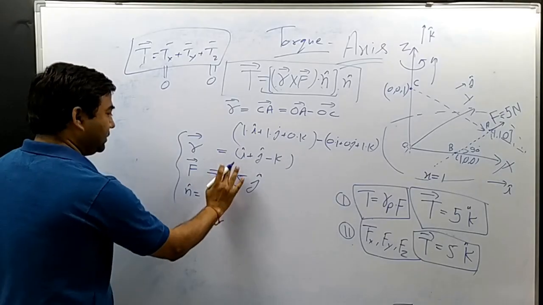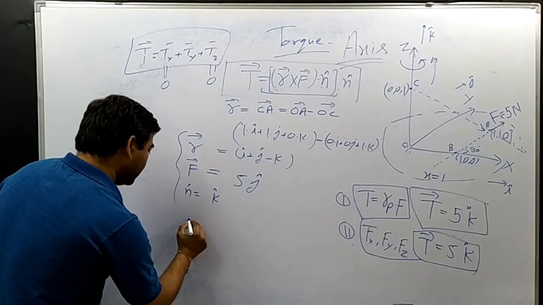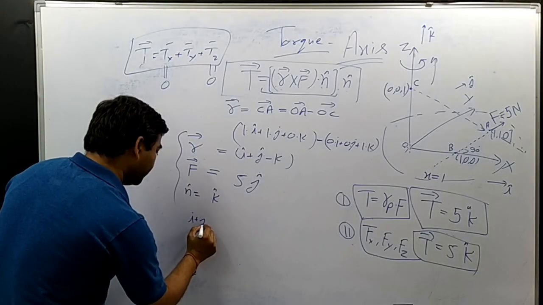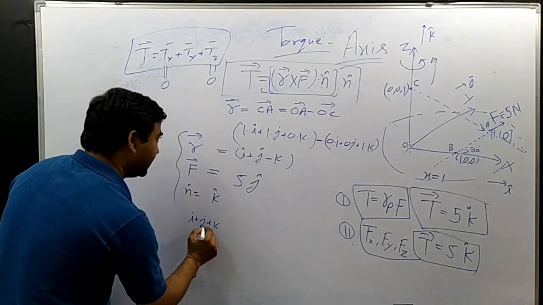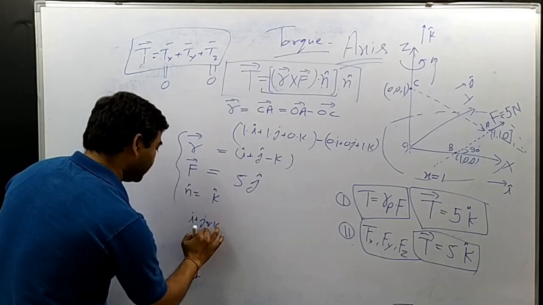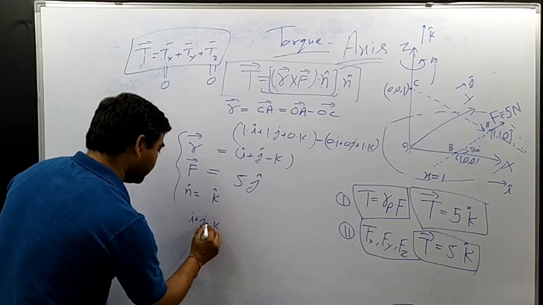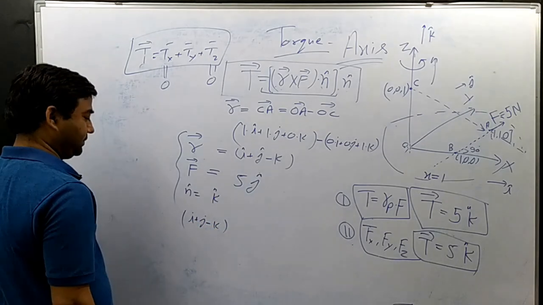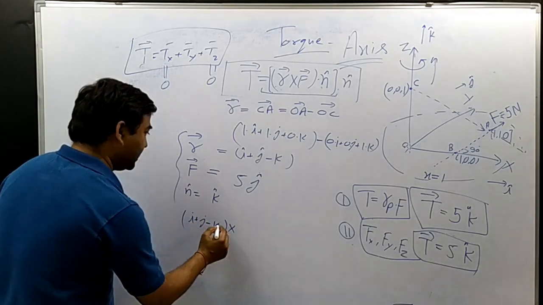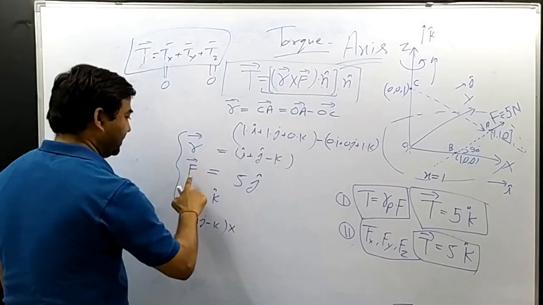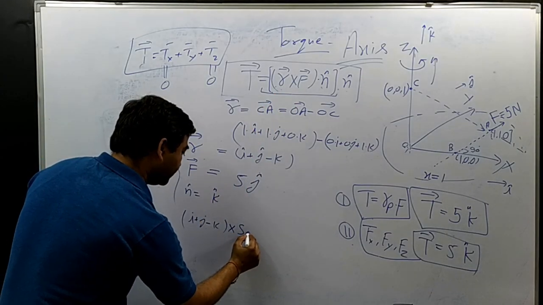r cross F, that is (i plus j minus k) cross F, which is 5j.